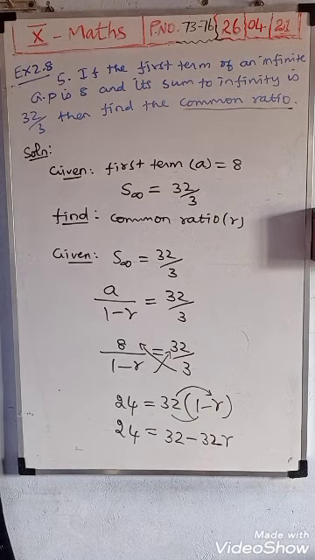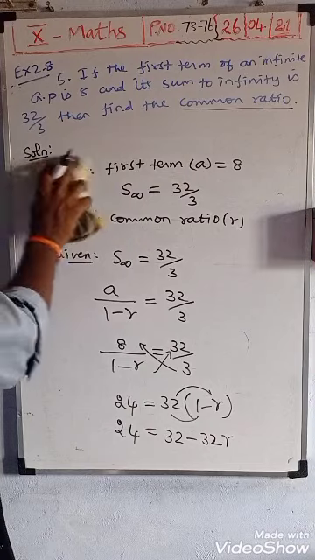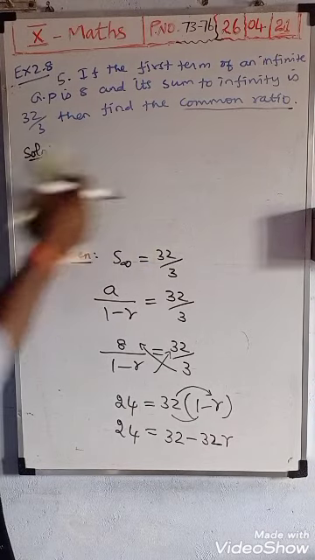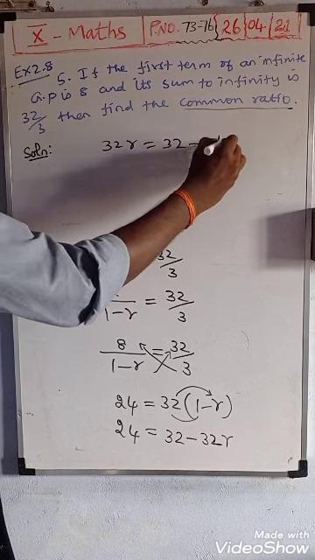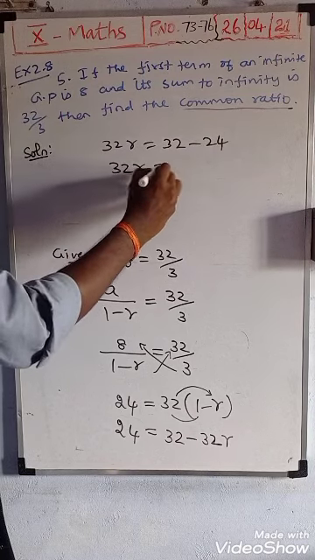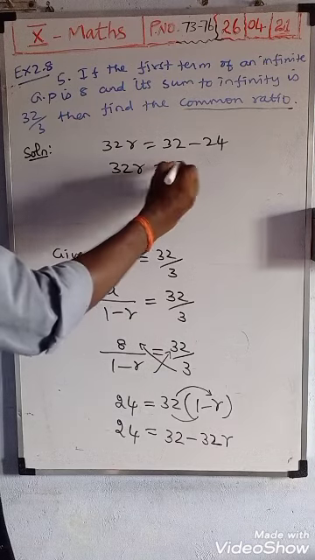Next step, we need R only, so minus 32 R this side comes plus 32 R is equal to 32, plus that side goes minus 24. So 32 R is equal to, subtracting, we get 8.